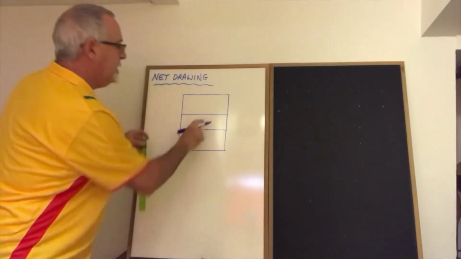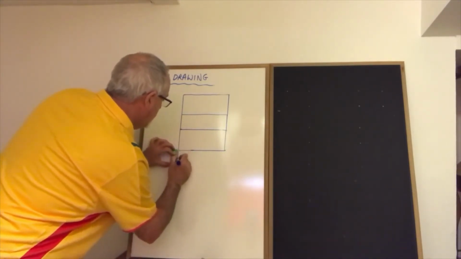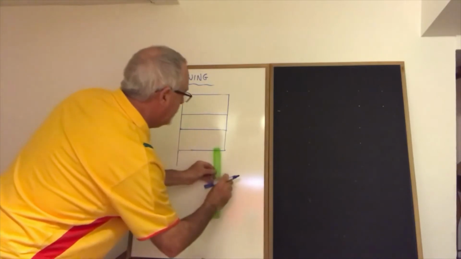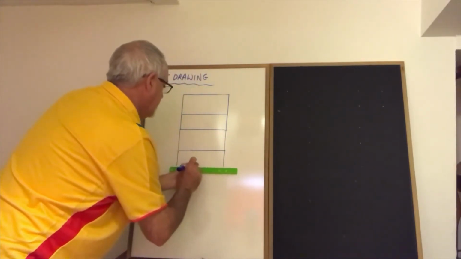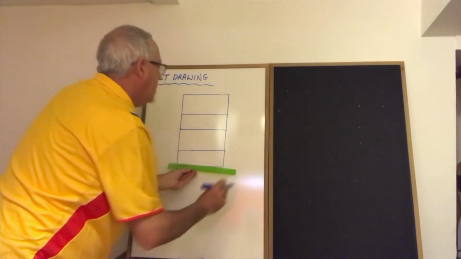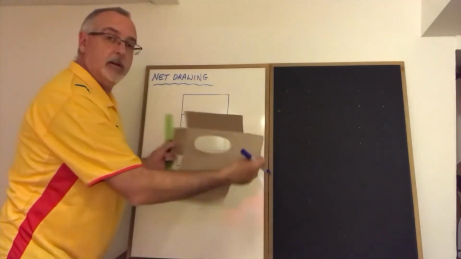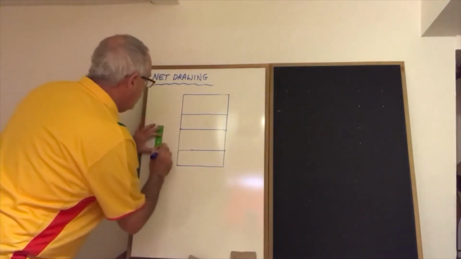And then finally, I need another one of these medium-sized rectangles in order to finish this part of the drawing. Now I need these 2 side rectangles, and I'm putting them here.